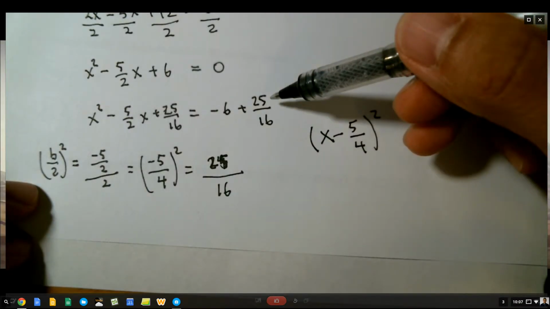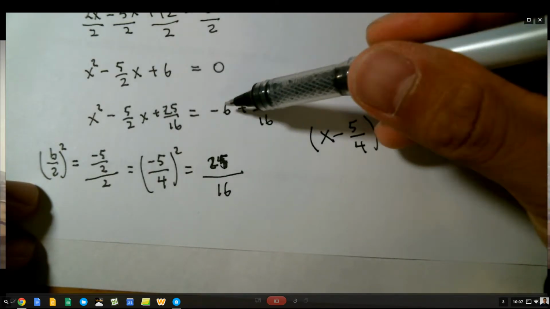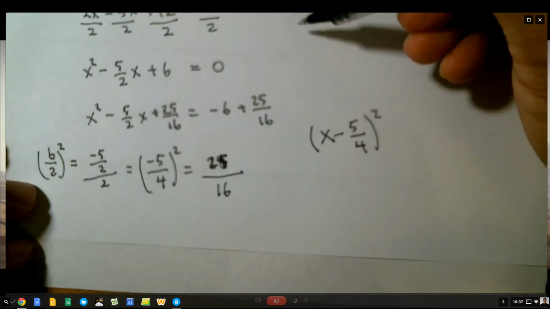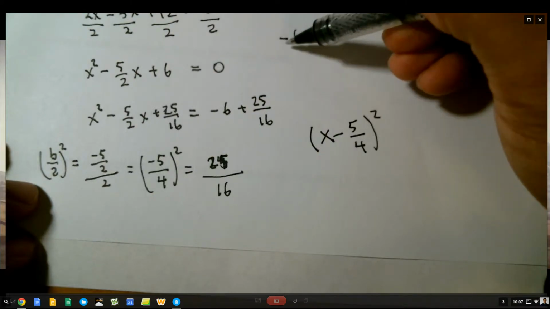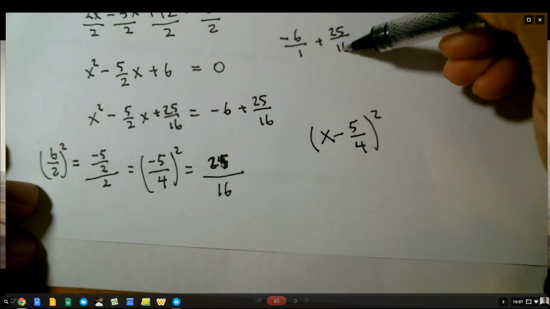And then you have to figure out what the other side is. The other side is negative 6 plus 25 over 16. So let's get a common denominator. Negative 6 over 1, and you want to add that to 25 over 16.